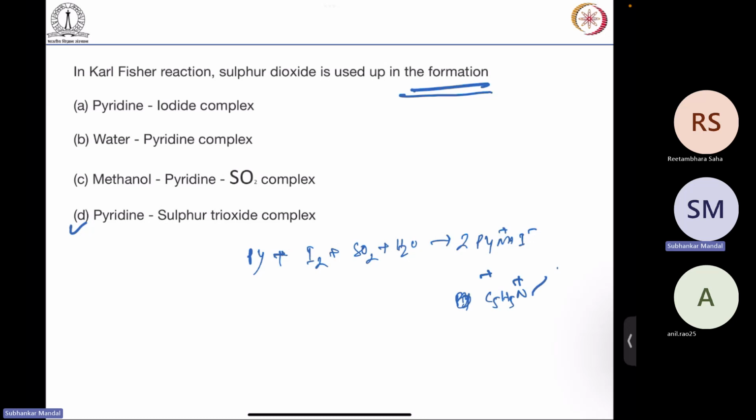So this is the sulfur trioxide and this is the pyridine. So pyridine sulfur trioxide is forming. So the answer is D. Okay.